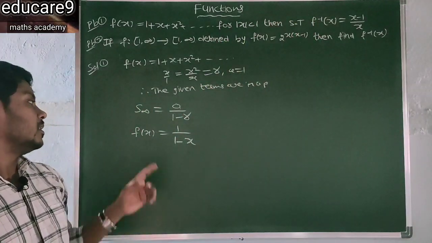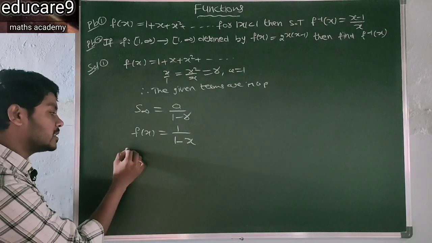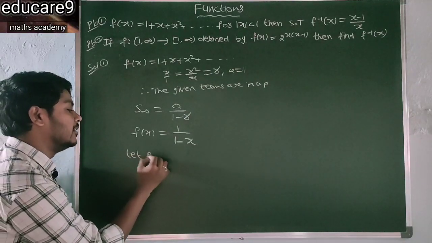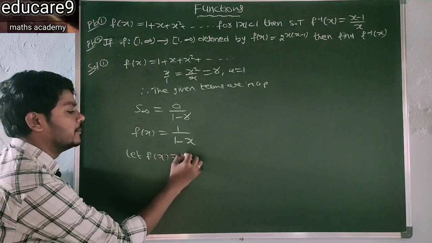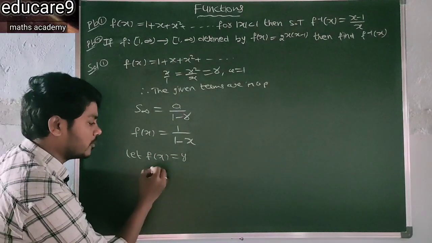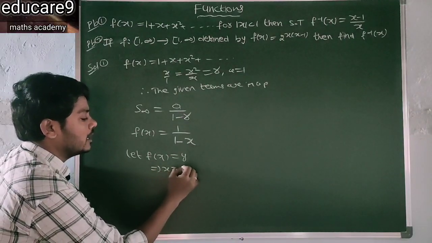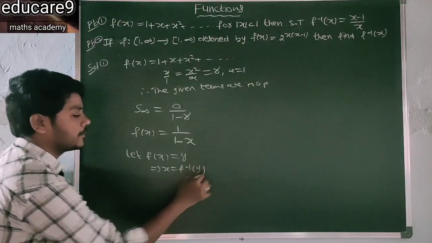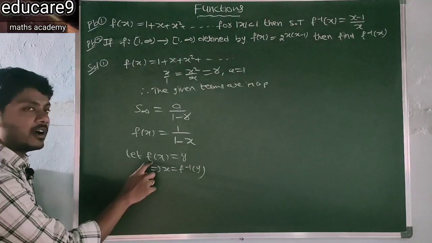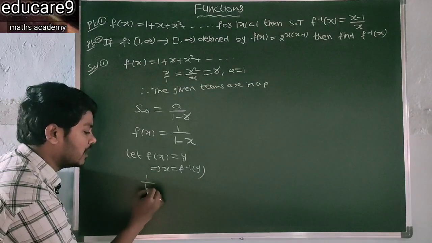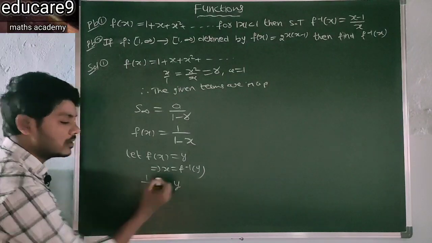So for finding the inverse, let the given function be equal to y. So from this, what is the x value? f inverse of y. So write f of x, that is 1 by 1 minus x, is equal to y.